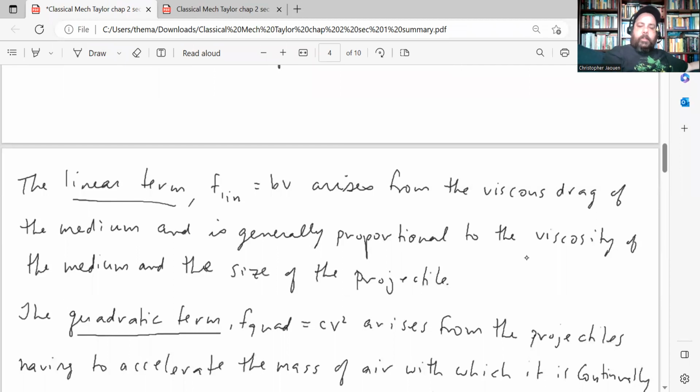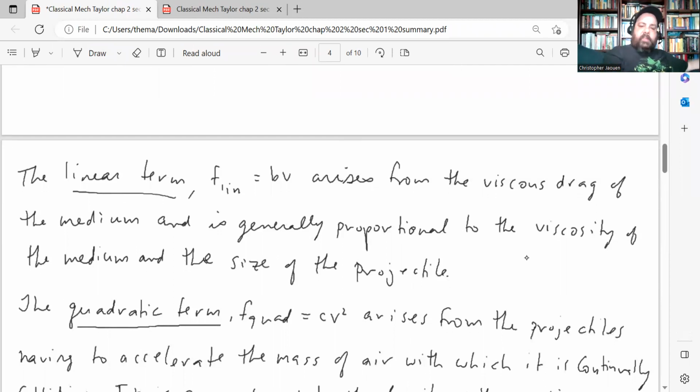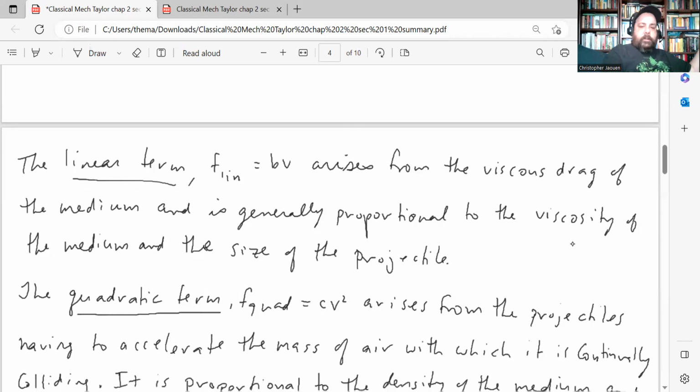And then he just talks a little bit about where these forces come from. The linear term, which has the form b times v, arises from the viscous drag of the medium and is generally proportional to the viscosity of the medium and the size of the projectile. And in the exercises, we'll define exactly what he means by viscosity.